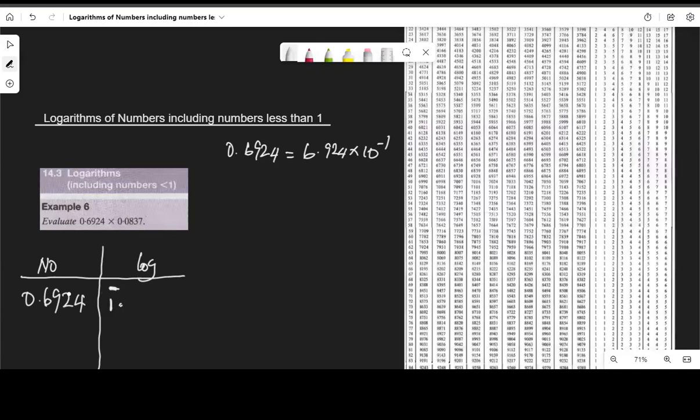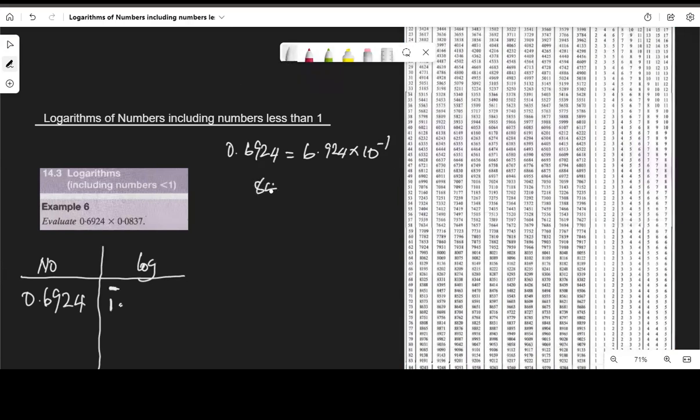So now we look for the logarithm of 69 under 2, difference of 4. 69 is right here. Under 2 is 8401.